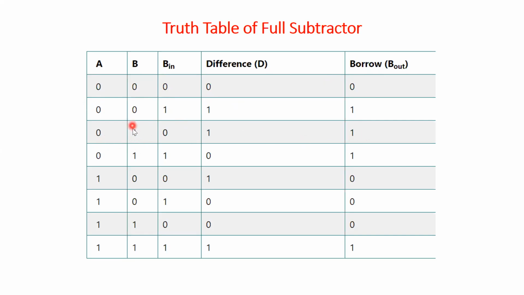Okay, so I have 1. And then again 1 minus 0 is 1. So that's why the difference is 1. Here 0 minus 1 again I cannot do, so I am taking a borrow, and then 1 minus 1 is 0. So this is how you will make the truth table. So complete that. Understand and then complete the truth table.